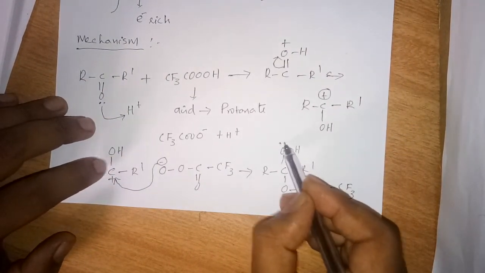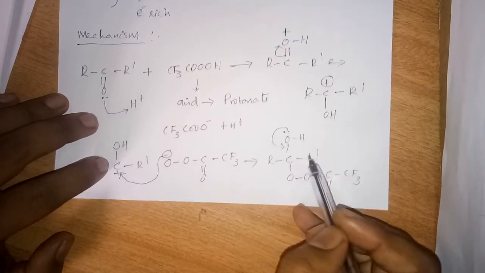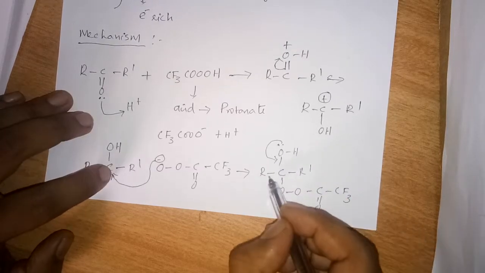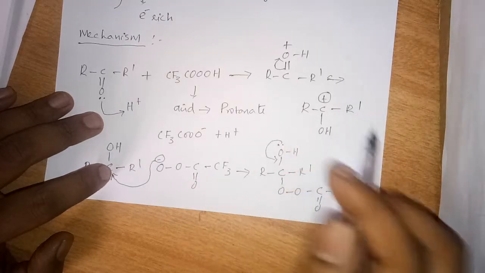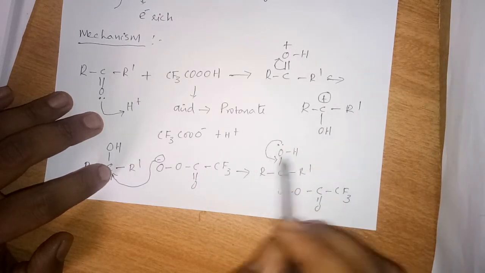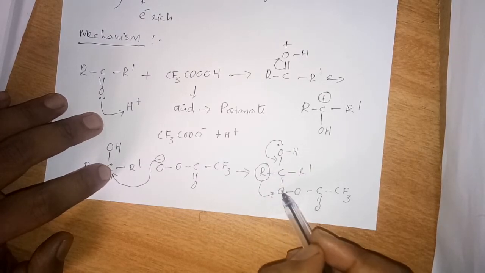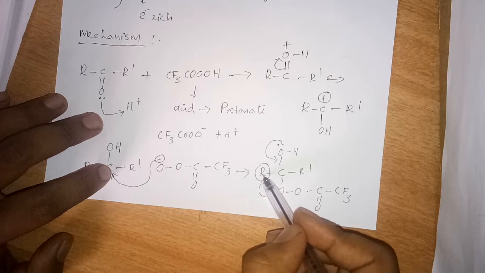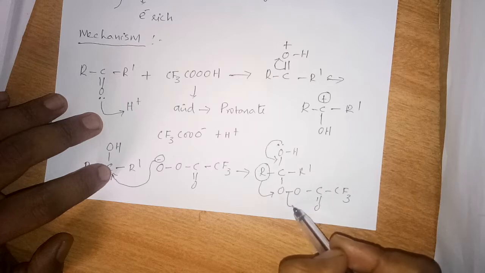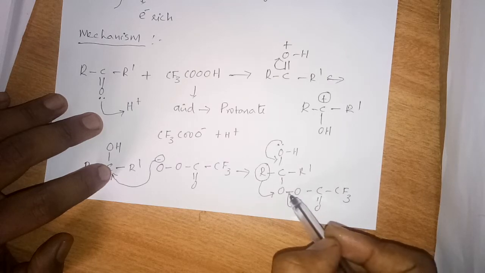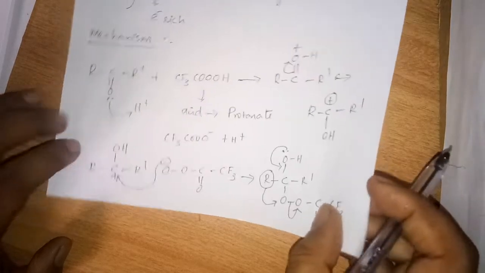Now in the next step we will get a rearrangement process. The lone pair of electrons makes a bond. This is the driving force for the rearrangement. The electron rich group, and we already said that R is more electron rich for convenience, migrates to the oxygen. So this is an electron deficient oxygen. Electron rich migrates to electron deficient oxygen. Once it migrates, this bond breaks, the bonded electrons stay on oxygen, and you get a negative charge.